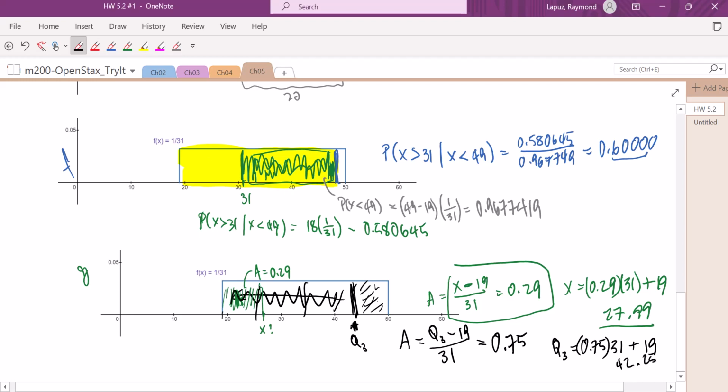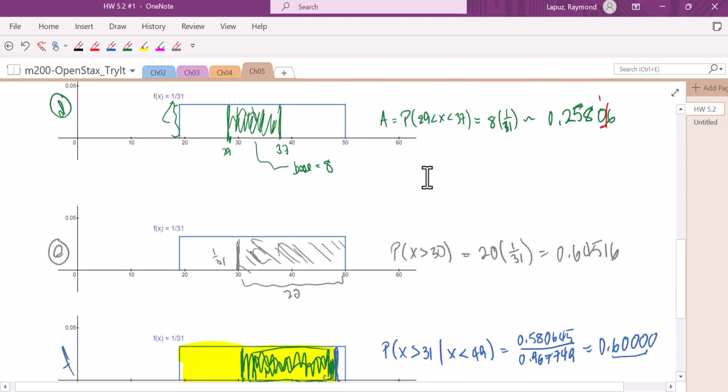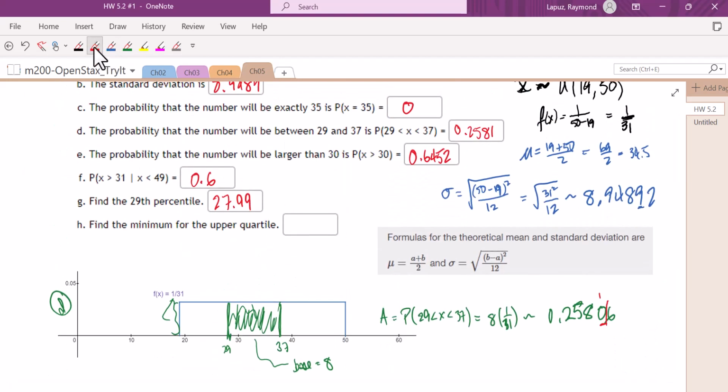If we look at this value, it is definitely between 40 and 50, and it does make sense. Also the 27.99 makes sense according to our number line as well. So 42.25 is our last answer, and that should complete it.